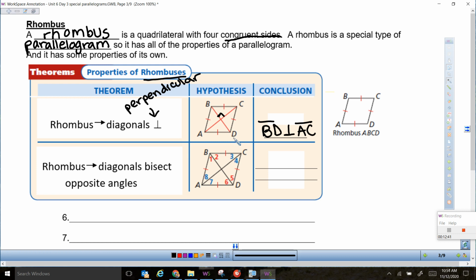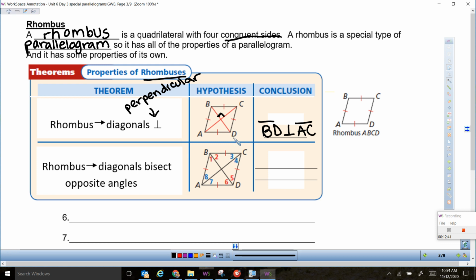And then the second property about a rhombus: if a quadrilateral is a rhombus, then the diagonals bisect opposite angles. What does bisect mean? Cuts it in half. This comes from the parallelogram property. Since a rhombus is a parallelogram, the opposite angles are what? Congruent.